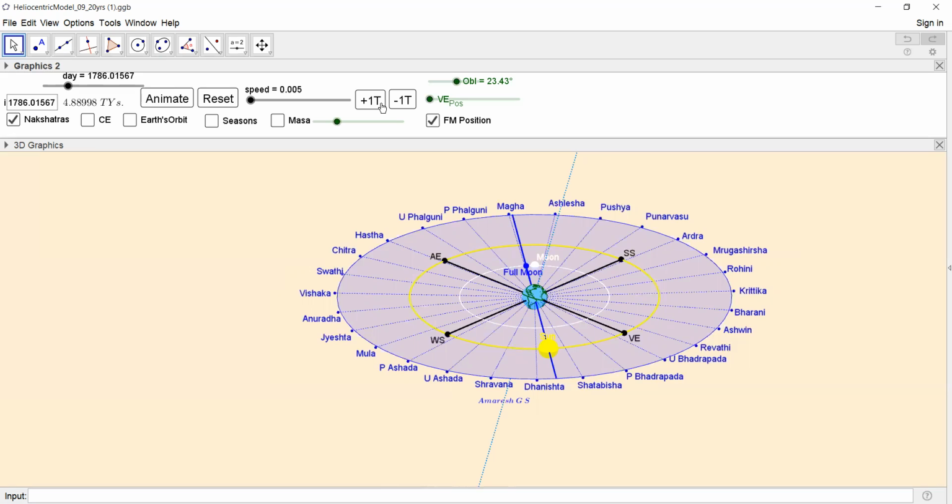Because the position of the full moon, also Amavasya, is determined by the relative position of the sun. The sun has a different cycle, that of 365 days. The moon has a different cycle of what? 29.53 days to complete one rotation and 354 days to complete 12 rotations.